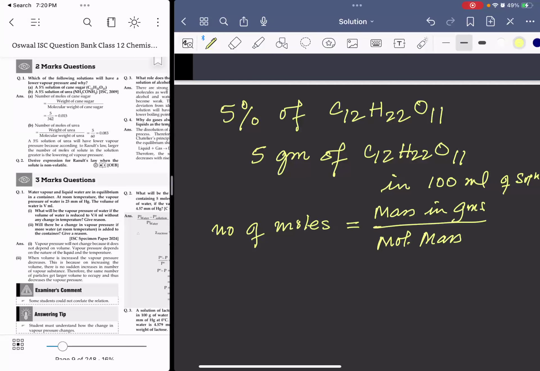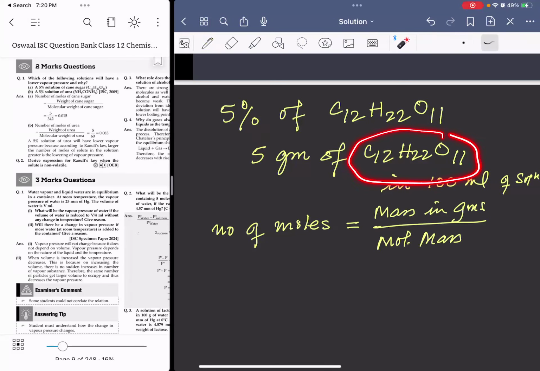We have mass 5 grams over here, but we don't have the molecular mass. So first we calculate its molecular mass. You can find molecular mass from the formula.